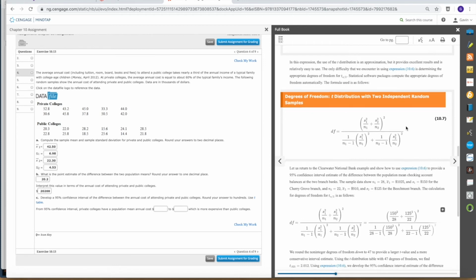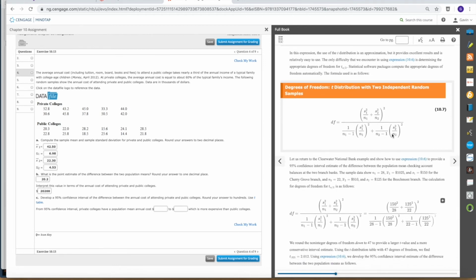And this is our kind of harsh degrees of freedom formula. I am not going to have you use this formula in your quiz. So if you end up feeling like you're using this formula in the quiz, you should stop and think about what you're doing. I'm going to show you how to not ever use this formula in just a second. But for now, I just wanted to do it once.